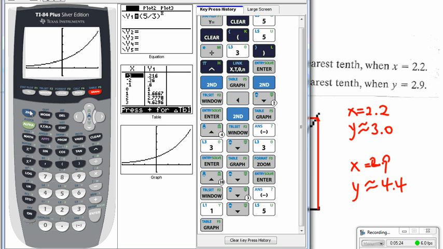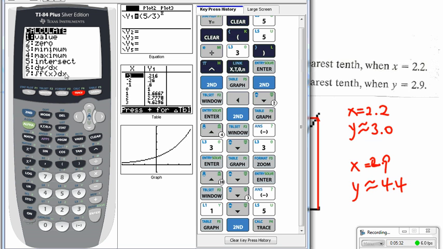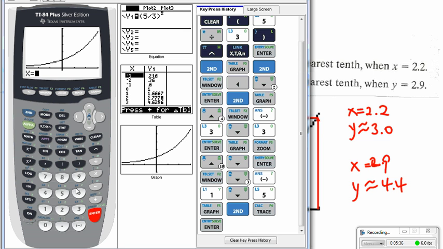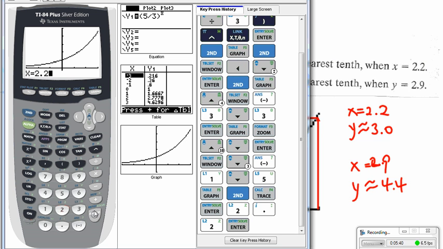So then one of the ways which we can check it is, second, trace, get to the calculation, and then value. Then what we can do is we can actually input the value 2.2. Then it was about 3.07. So in fact, it would have been better if I were to write 3.1, I guess, in real calculation. So you know what?